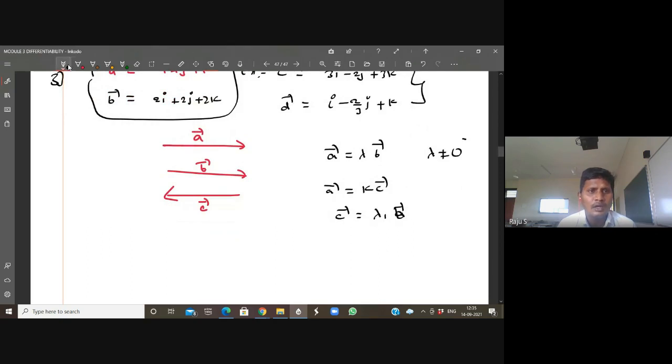So see students, any two parallel vectors we can represent like this. Here lambda belongs to real numbers. Lambda may be positive, may be negative, may be decimal. It should belong to R.